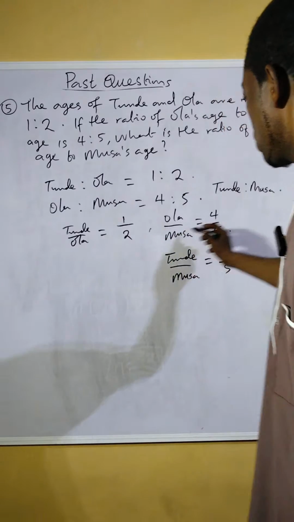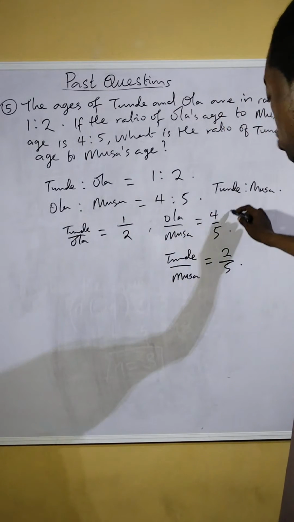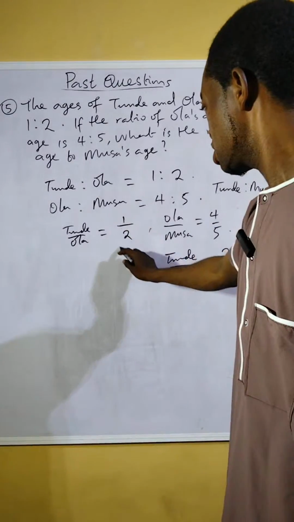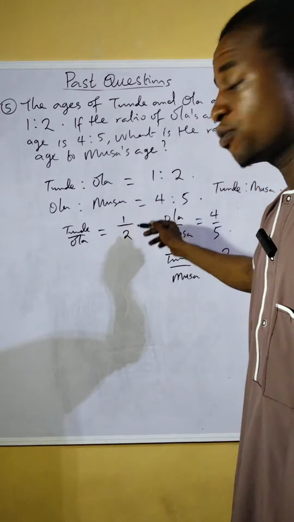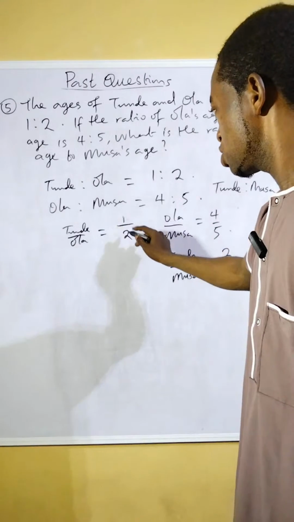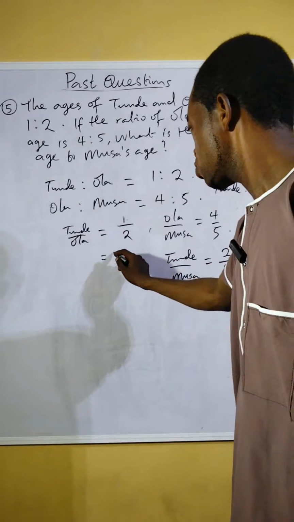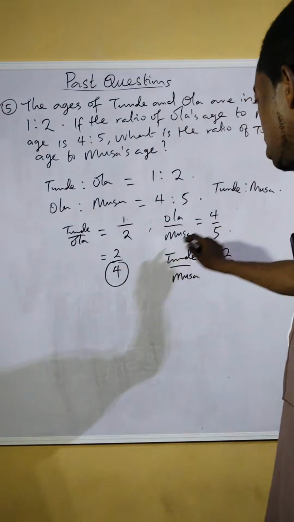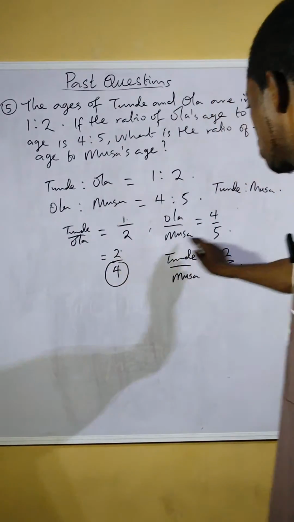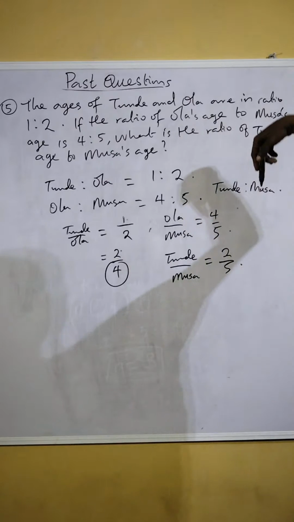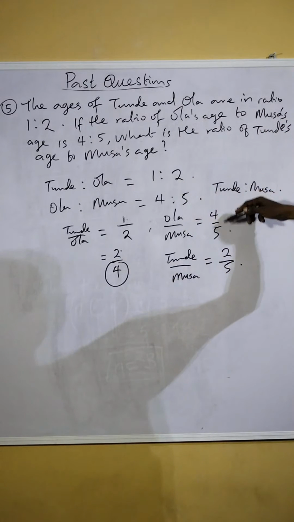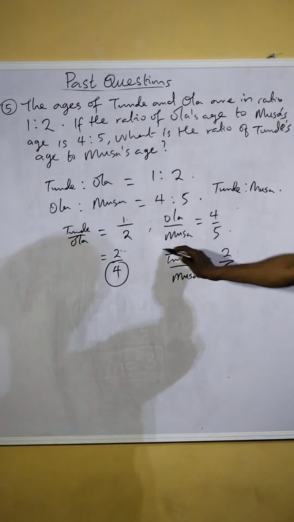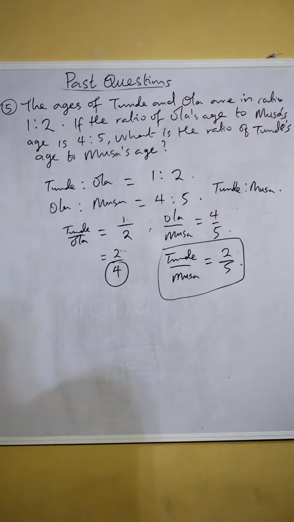So for the ratio of Ola to be 4, if this is changed to 4, equivalent fraction, Tunde's own will change to 2. So it will now be 2/4 because Ola has been given to be 4 here. That's why, if we are finding Tunde to Musa, it will now be 2/5. So that is the simple explanation to that.